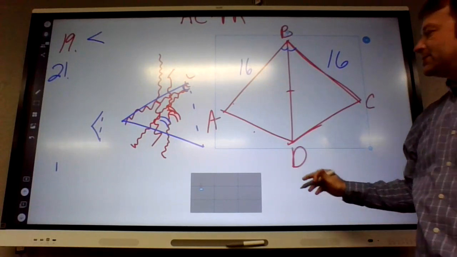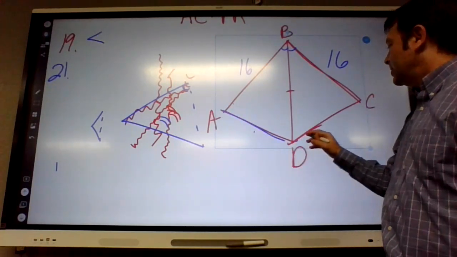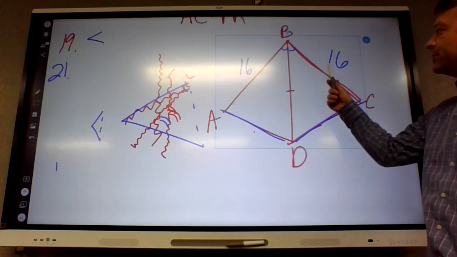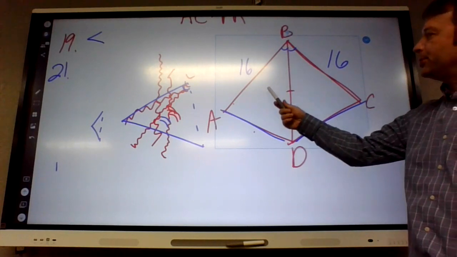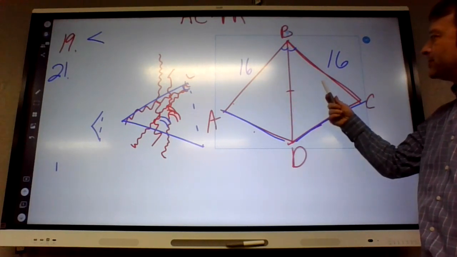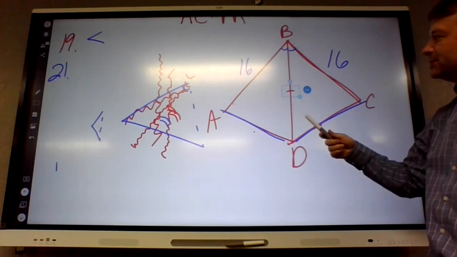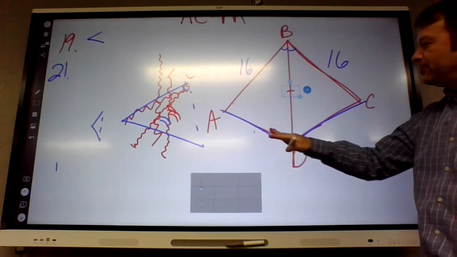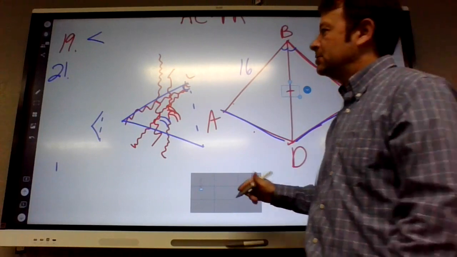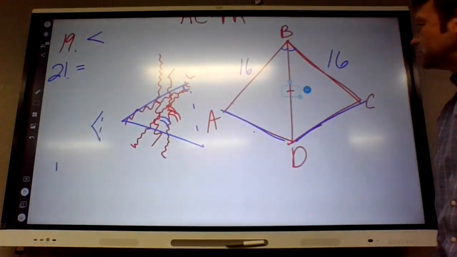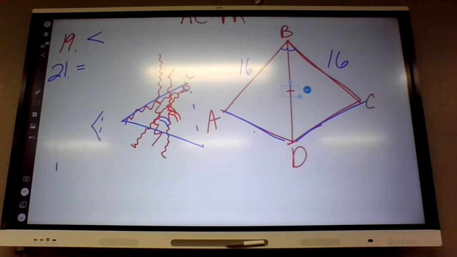So it's asking us to compare AD and DC. They're the same. So these triangles are actually congruent. You know how I can tell? Side, angle, side. So that means, what do I know about AD and DC? They're the same. Equal in length.